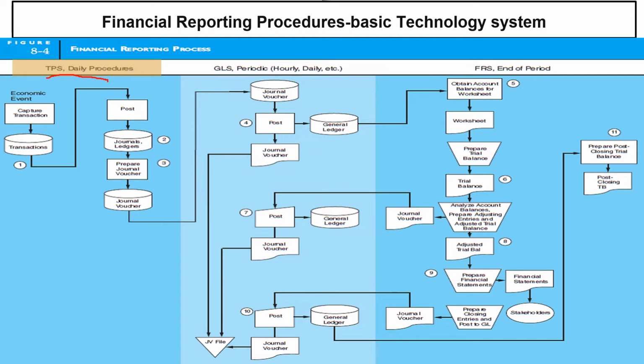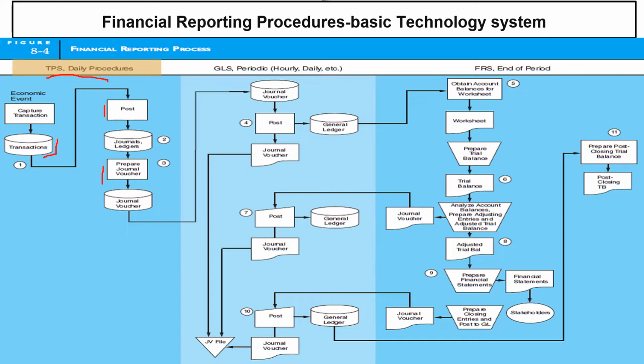So we can see here it starts from capturing the economic event and recording the transaction in the temporary transaction file. After that we process it, we post it and update the journal's ledger or the subsidiary ledger, and then we prepare the journal vouchers.